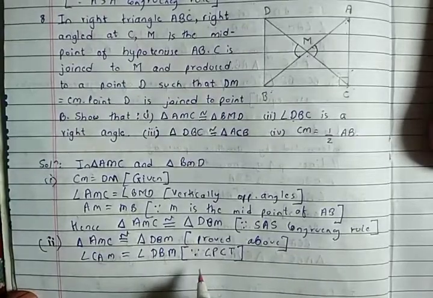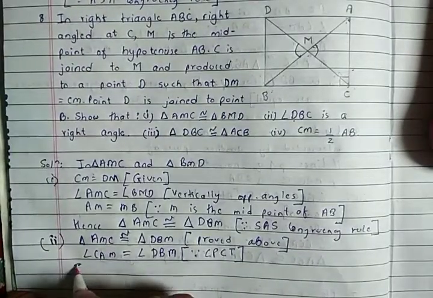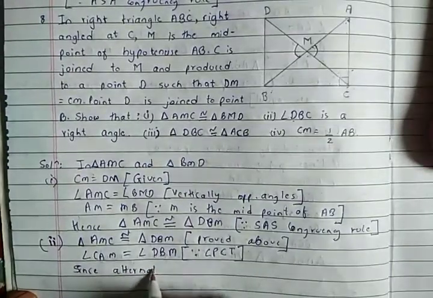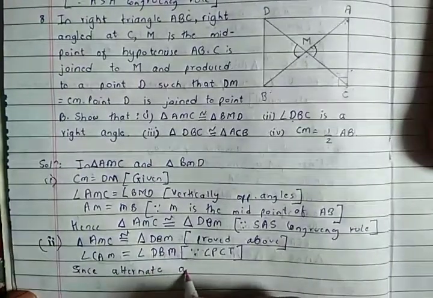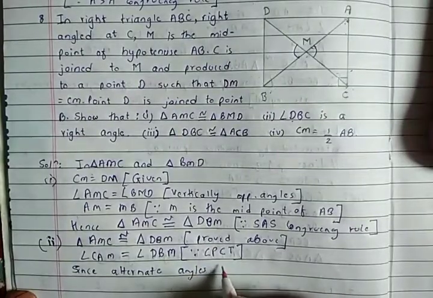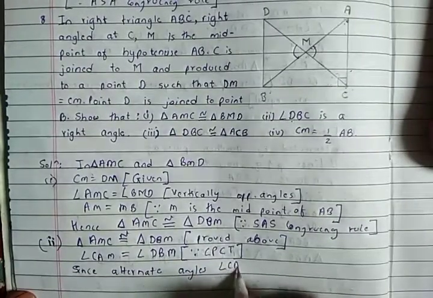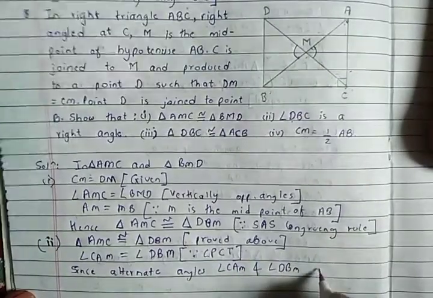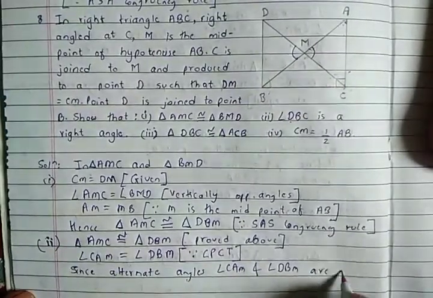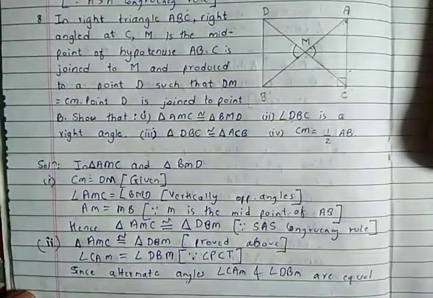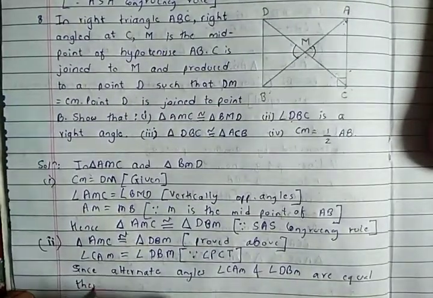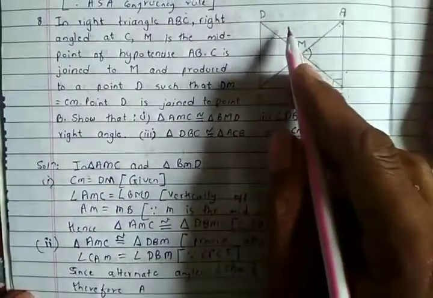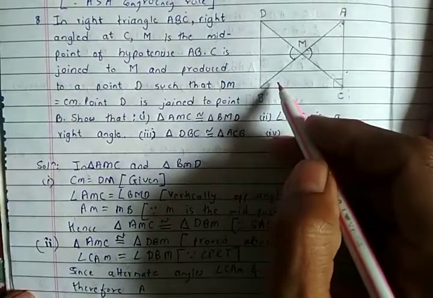Okay. Now, since alternate angles, angle CAM and angle DBM are equal, therefore you can say that this AC is parallel to BD, right?